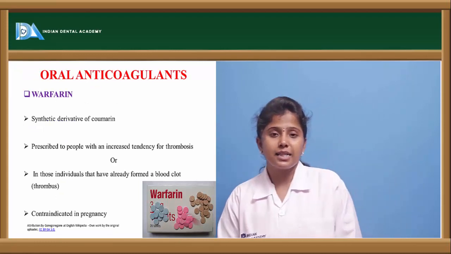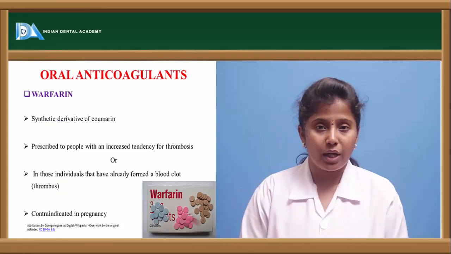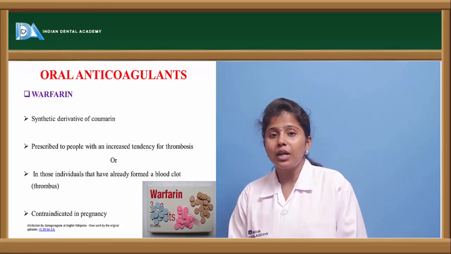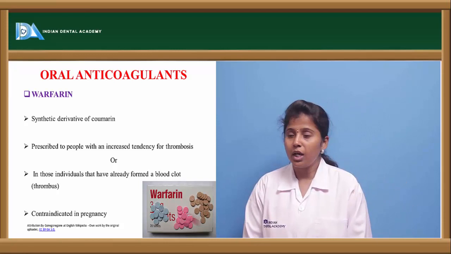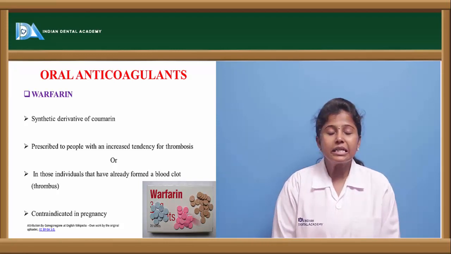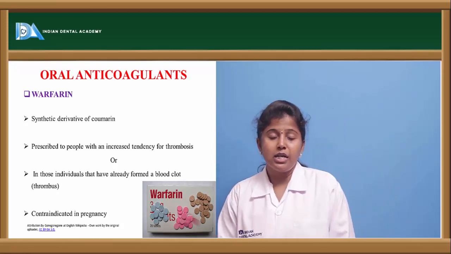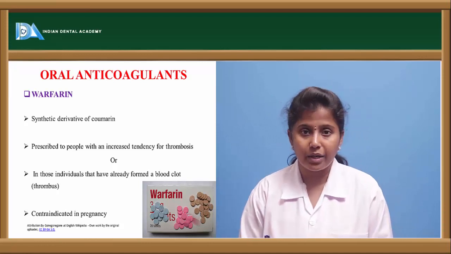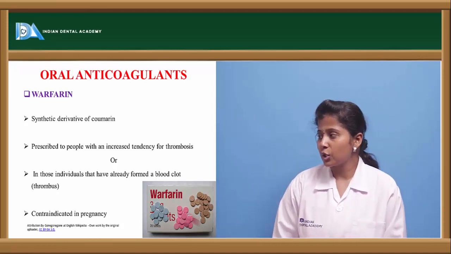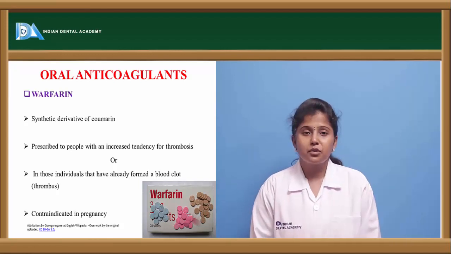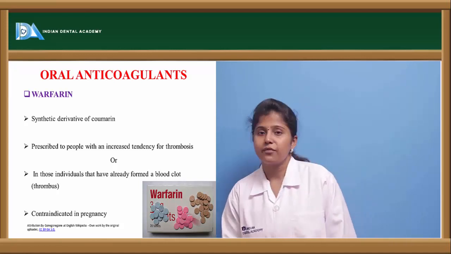Now let us see the other category of drugs, oral anticoagulants. The drug which comes under this category is warfarin. Warfarin is a synthetically derived coumarin. So it is a derivative of coumarin. From the structural changes of coumarin, this warfarin is obtained, and it is prescribed to people with an increased tendency for thrombosis.